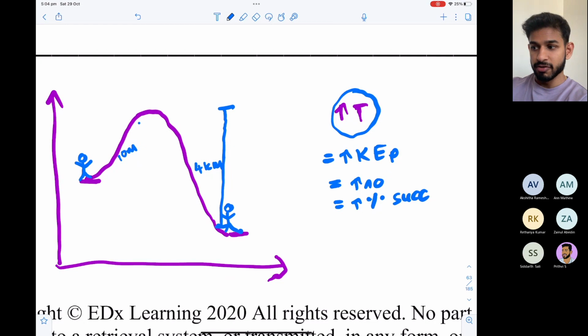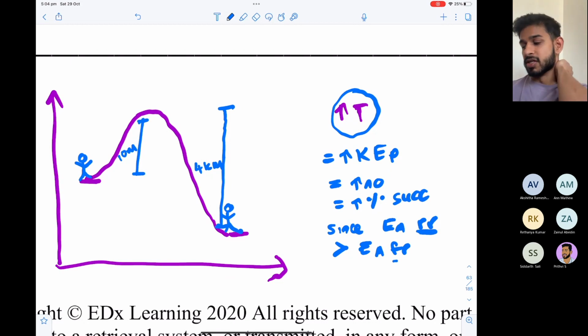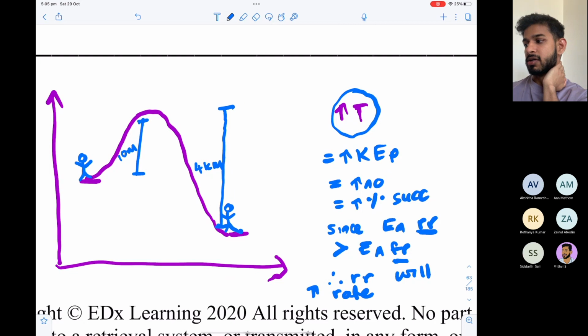The activation energy for the forward reaction is very small. So since the activation energy for the reverse reaction is much greater than the activation energy for the forward reaction, therefore the reverse reaction will increase its rate to a greater extent.